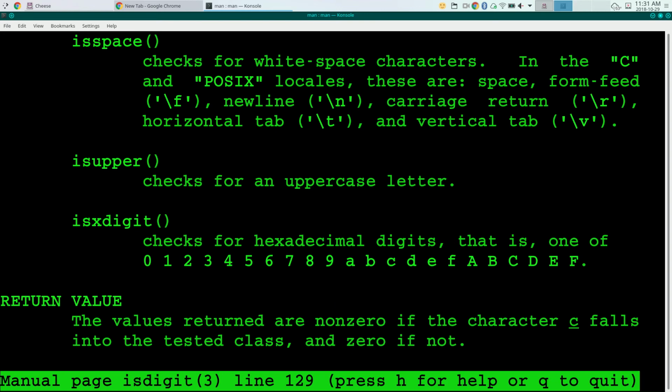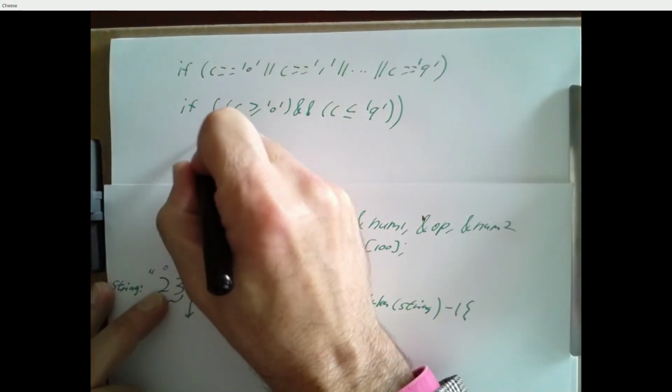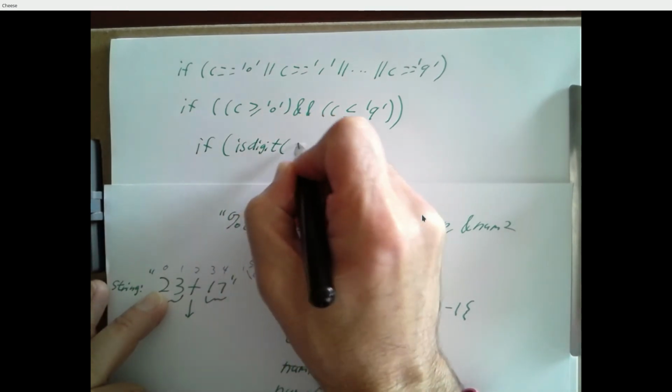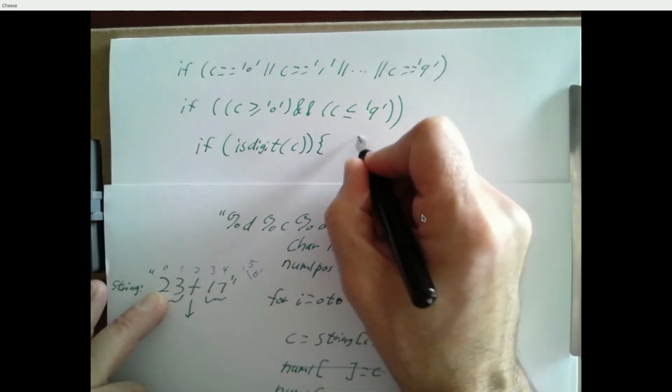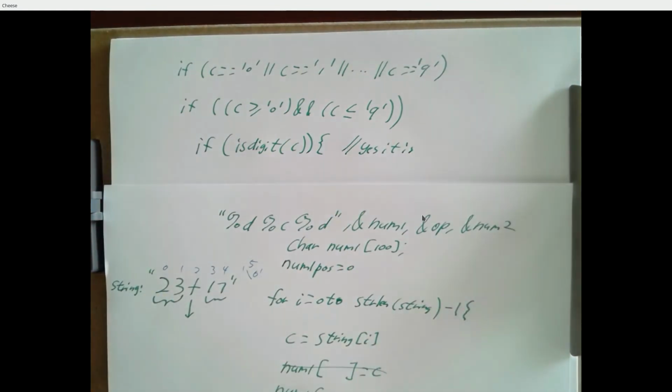So if you put this inside an if statement, you can say something like if isdigit(c). And the body of this if statement will be executed if it is a digit.